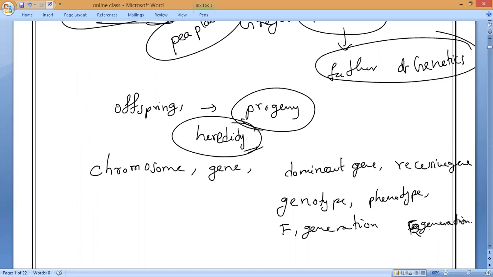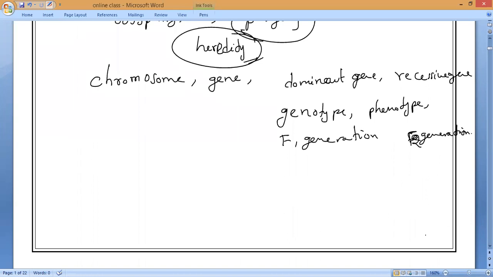If you notice very carefully, first of all, chromosome is the common one which we have been studying from class 6th. You all know that we have two kinds of cells: one is the animal cell, and the other is the plant cell.